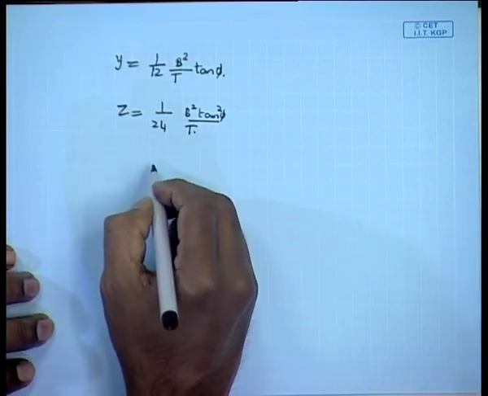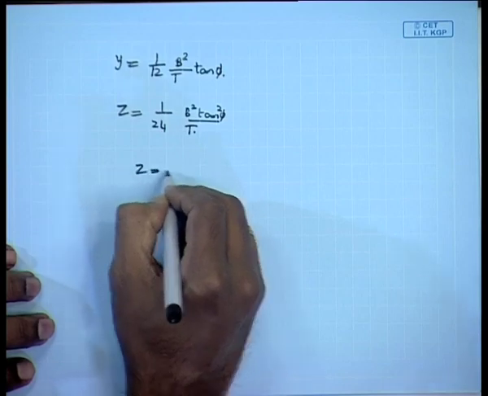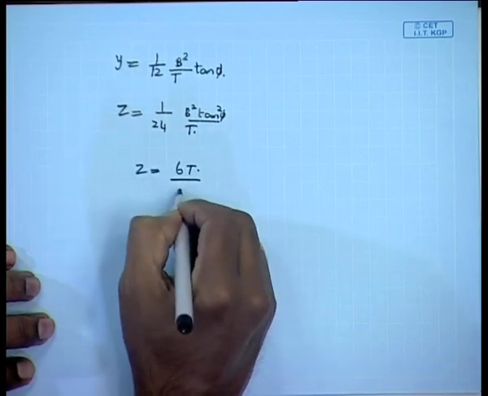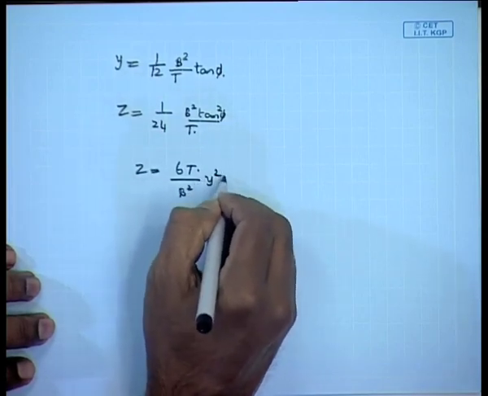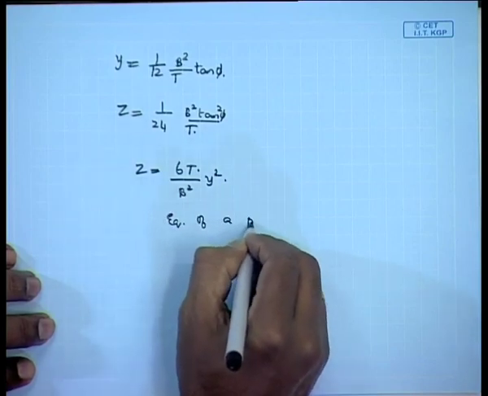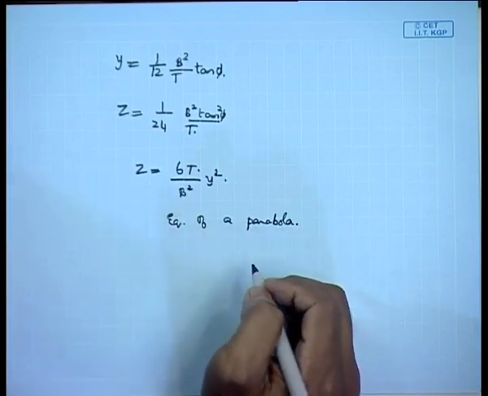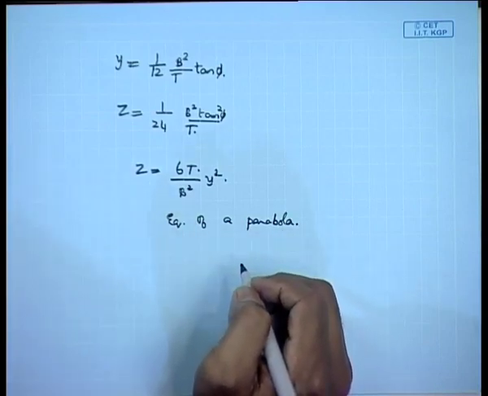Now, from this if we try to get a relationship between z and y, we get z is equal to 6t by b square into y square. This is the equation of a parabola. So, this is a relation between z and y, and it is an equation for a parabola.